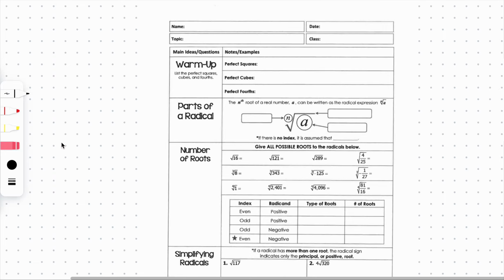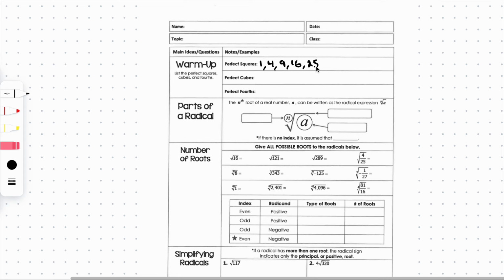First, we have this warm-up, and we want to talk about perfect squares. So squares mean numbers that we get when we multiply a number by itself. So essentially, we have 1 times 1, which is 1. We also have 2 times 2, which is 4. We have 3 times 3, which is 9. 4 times 4, or 4 squared, is 16.